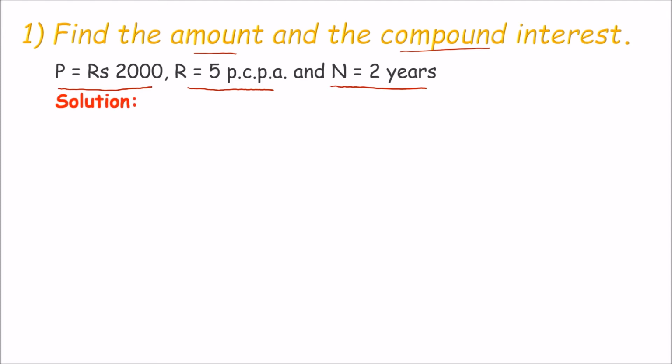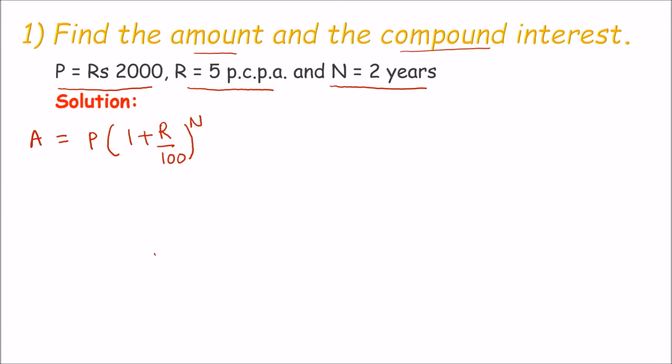So here we have a formula for finding the amount. Amount equals P in a bracket 1 plus R upon 100 whole raised to N. Okay, it is a formula for amount.